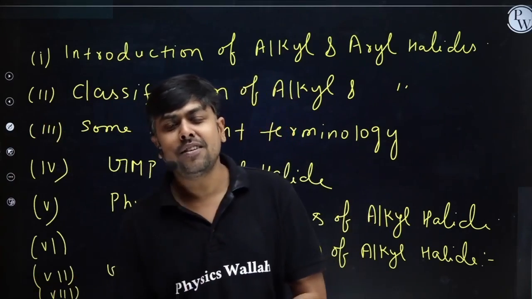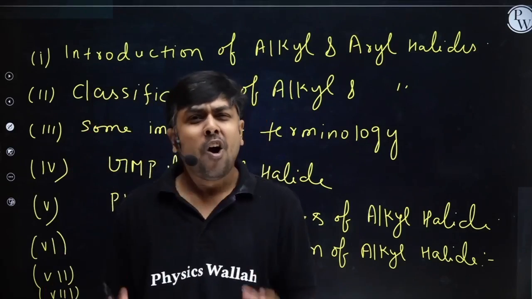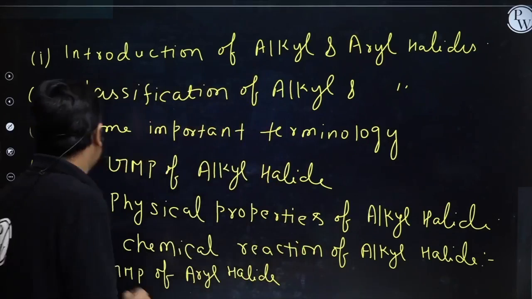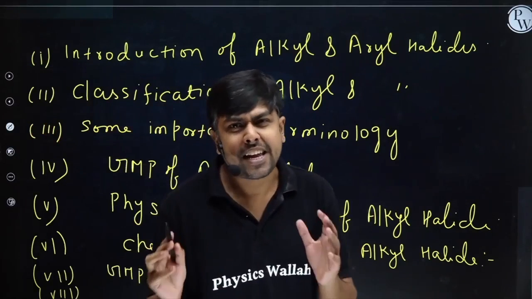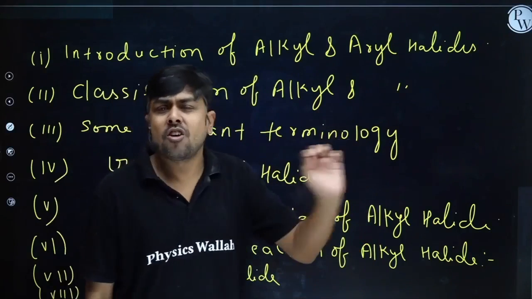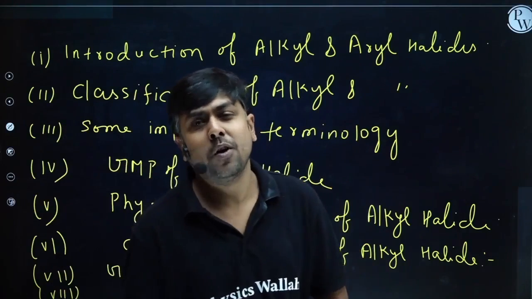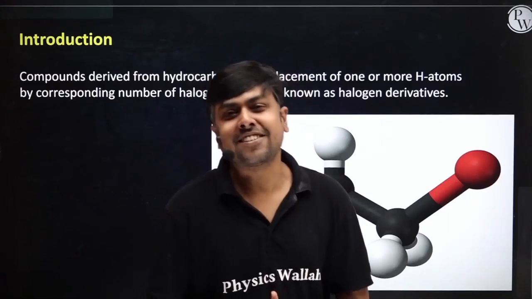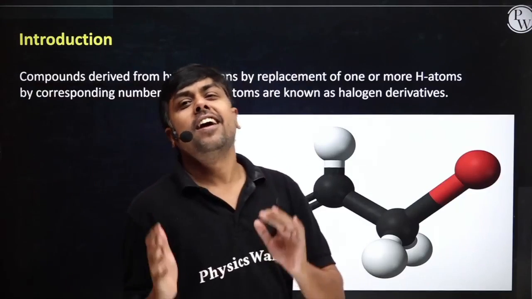So these are the things which we are going to discuss today. Although most of the things we have discussed in lecture number 3 itself, that was the lecture of reaction mechanism, but once again we will quickly touch all these things so that you can understand this chapter very easily.